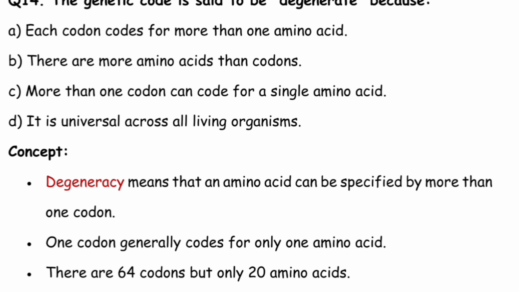Because if there is a mutation, a change in the third nitrogen base of the codon will not harm the amino acid. That is why this property is important. Now one codon generally codes for only one amino acid, and there are 64 codons but only 20 amino acids. So option B is incorrect, and A also.